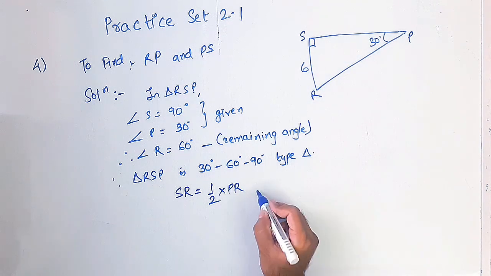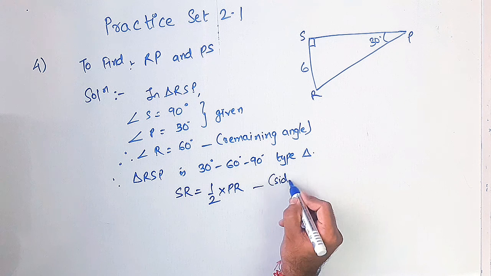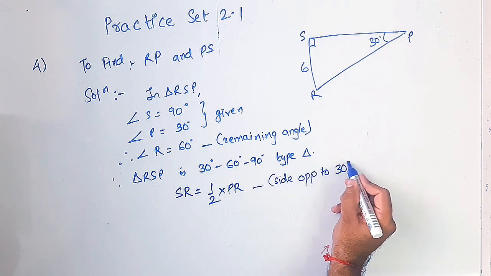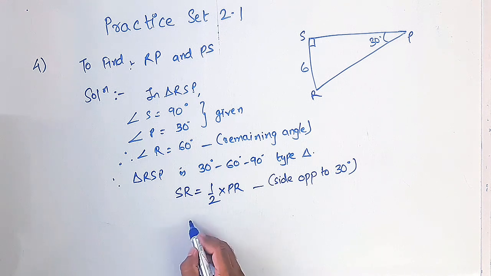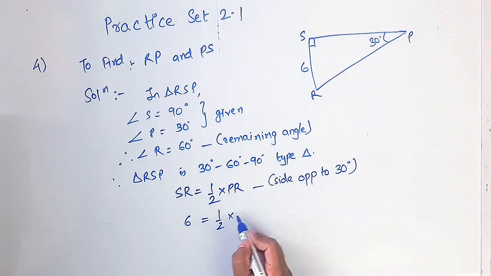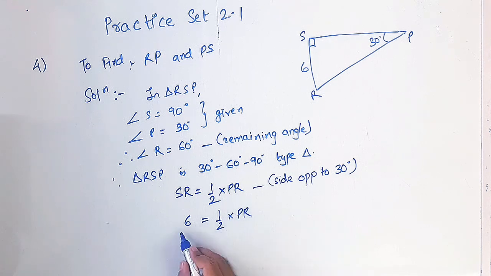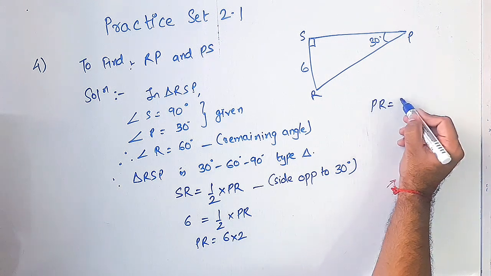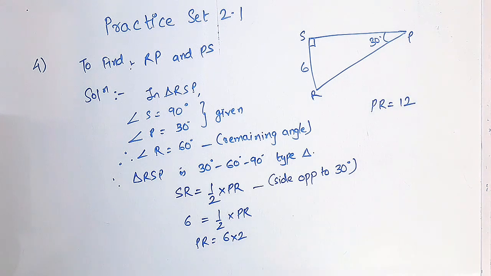Hypotenuse is PR. So I'll write here side opposite to 30 degrees. So SR I'll write 6, half into PR. 2 will go there. PR is equal to 6 into 2. PR is how much? PR is 12.